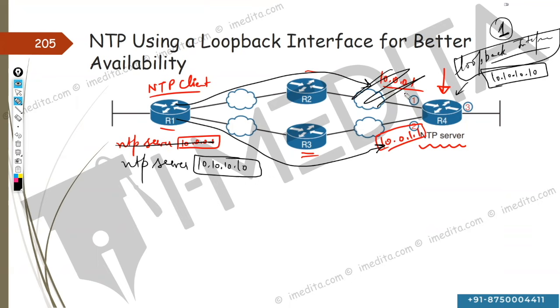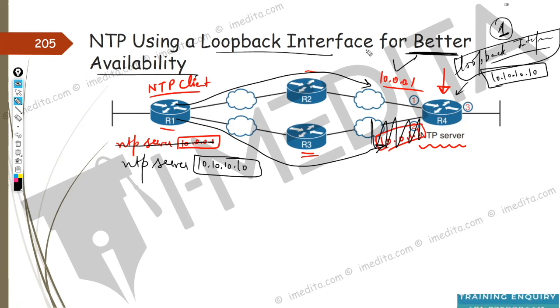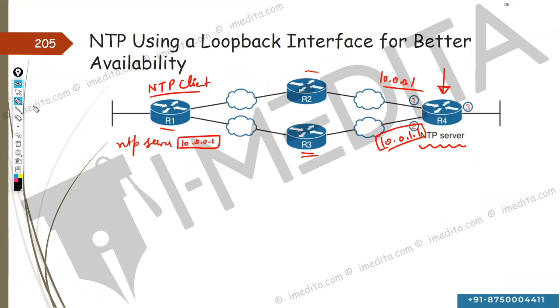So even if this physical interface goes down, will R1 be able to pull time from R4? Yes, right? At the same time, even if this interface stays up and this interface goes down, will R1 still be able to pull time? Yes. So you understand the benefit of using a loopback interface? You are having better availability. This is what I meant when I was discussing the loopback interface use.